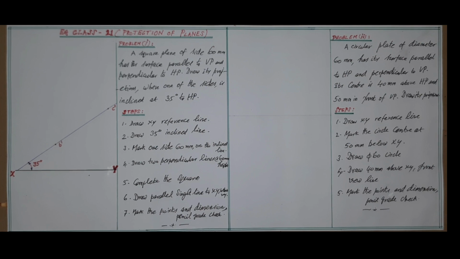At the same time, the front view is a square. But as given in the problem, its side is inclined at 35 degree to horizontal plane, and it gives the true shape in front view and is to be drawn first.